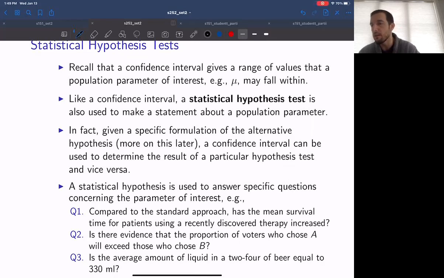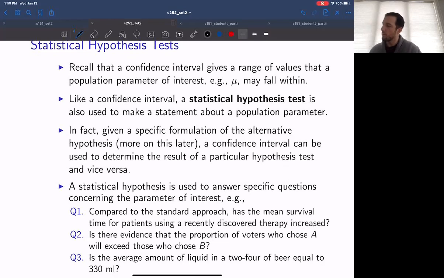So a lot of the time, the kind of questions that we can ask in the two sample case almost feel more intuitive, or more interesting, I guess you could say, than the one sample test, though this isn't always the case.